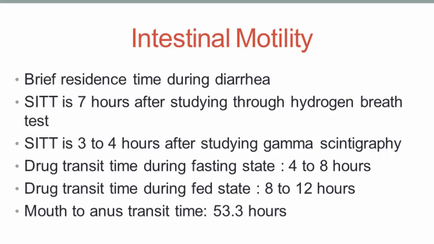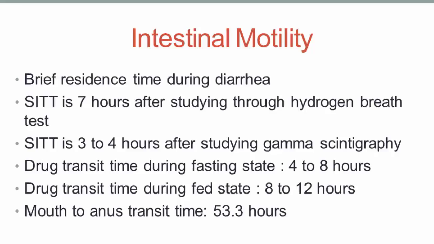So it should maintain some residence time there. But if a person has diarrhea, then there are more contractions taking place in the small intestine, and that may lead to a very brief residence time in the small intestine. In that way the drug absorption is incomplete.